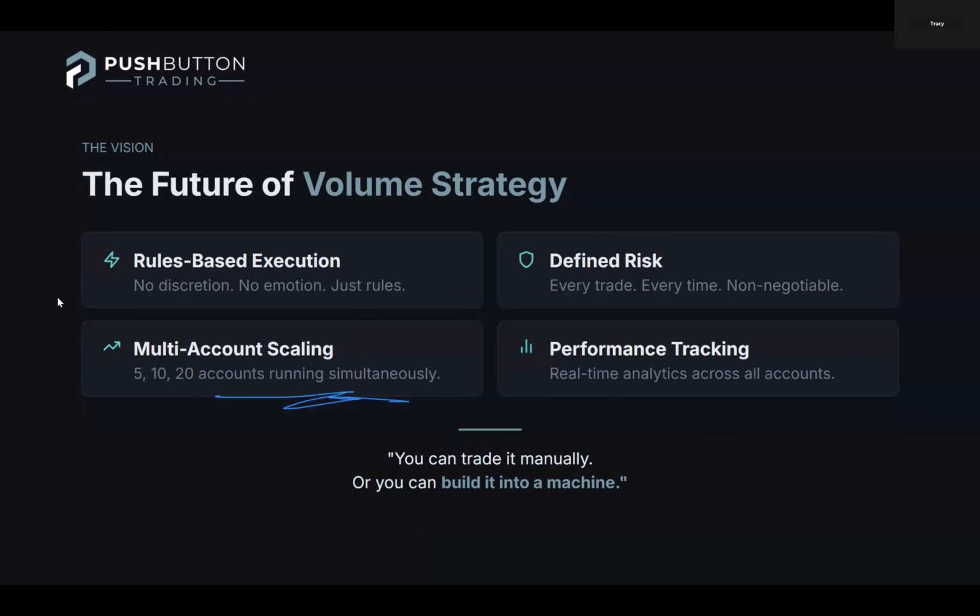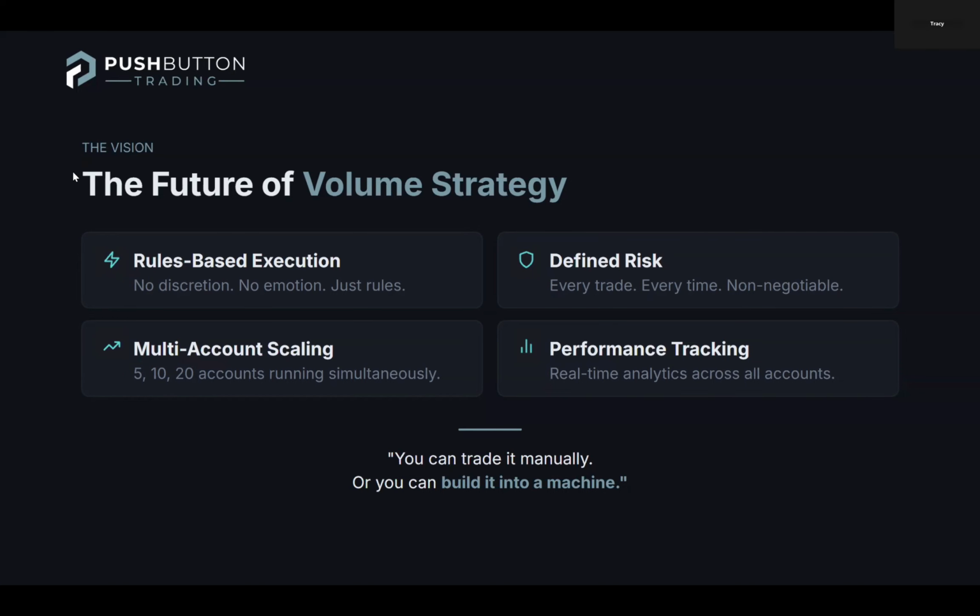We have tools that allow you to copy trade up to 20 accounts. Everything's defined risk, so you define how much risk you want to lose per trade. Obviously, that depends on your account size and on your daily drawdown limits for the account chosen. A $150,000 account has different rules than a $25,000 account, right? Different drawdown limits, so we recommend you adjust accordingly.